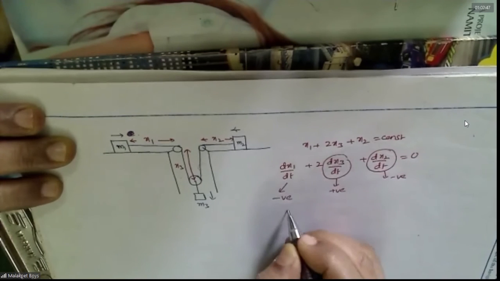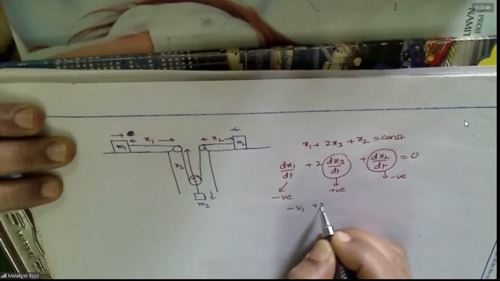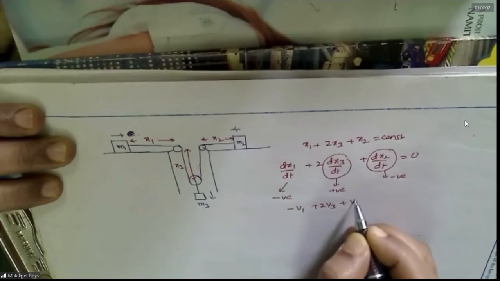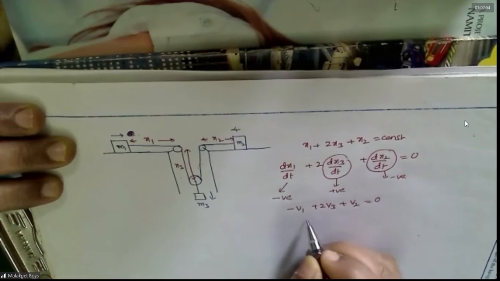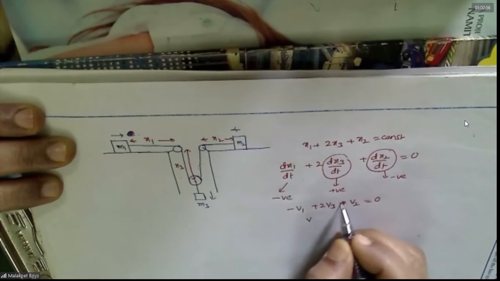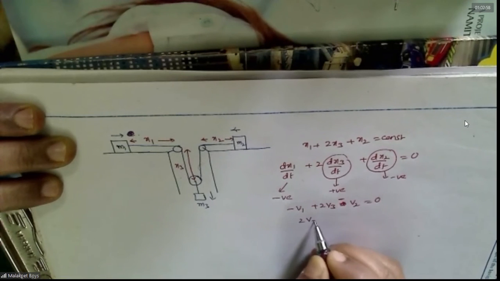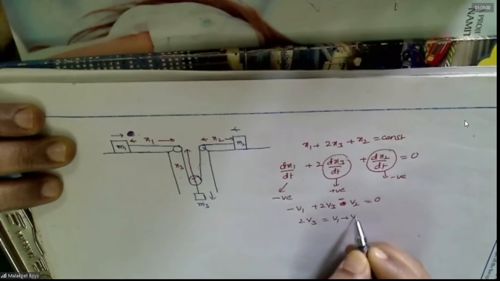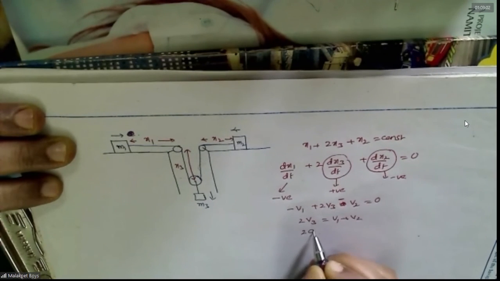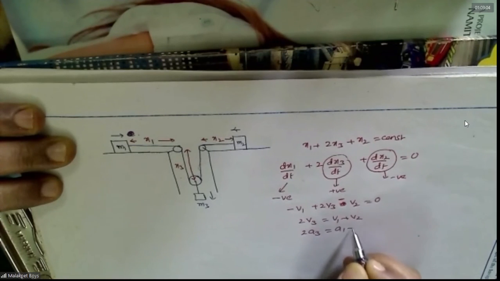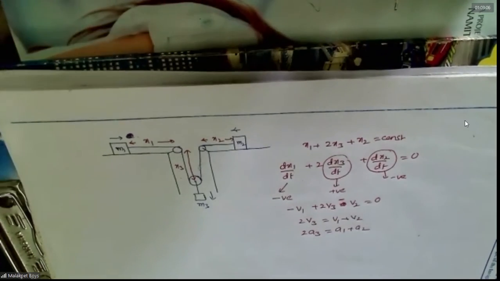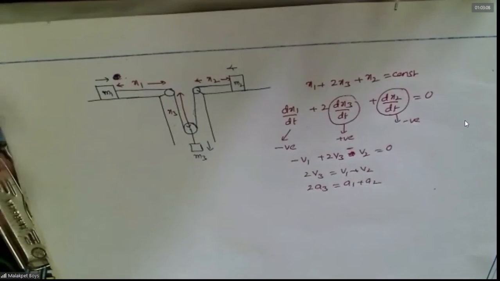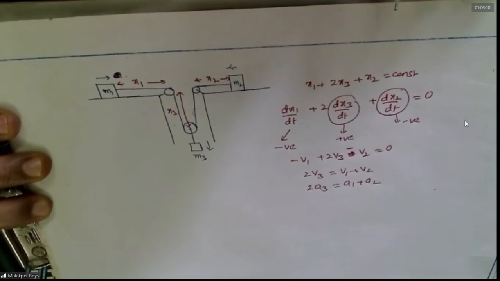This is minus V1, minus V2. Follow this method. First method is this. Next, I'll just quickly do all the four methods.